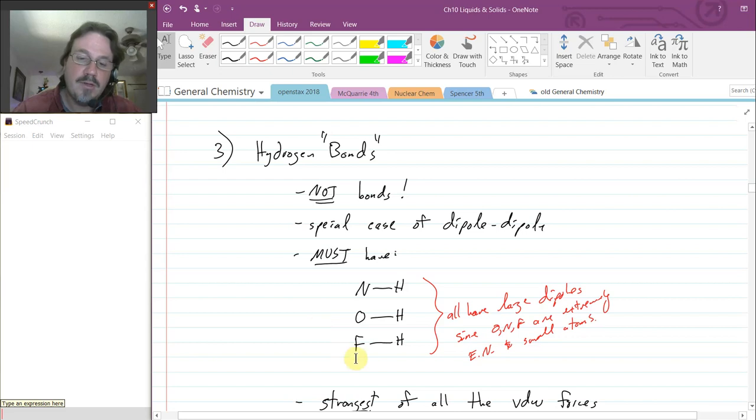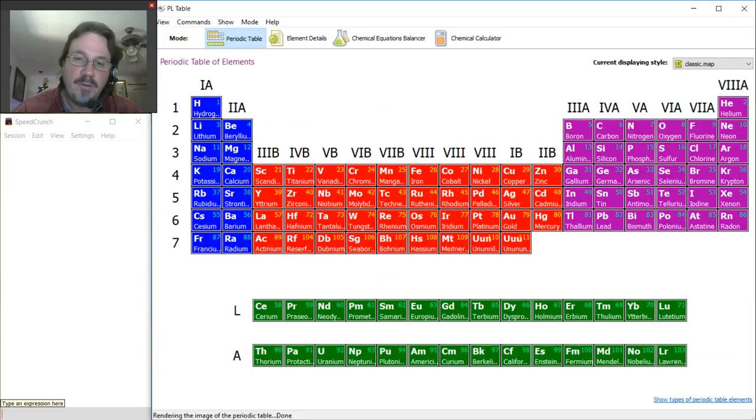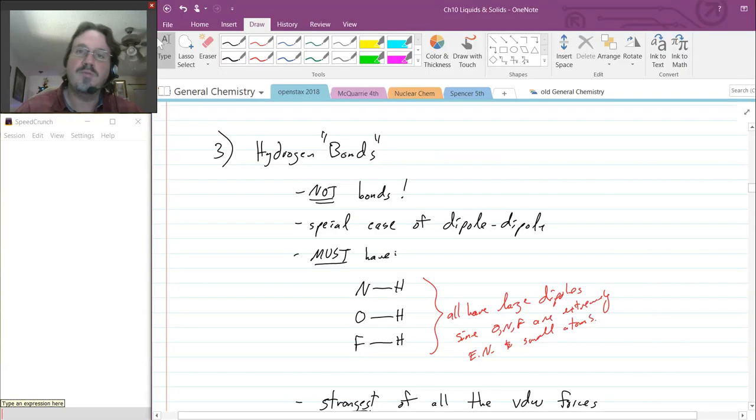Right? Now notice N, O, and F, if you look at the periodic table, they're the three elements at the very top right corner. They're like the strongest electronegative atoms and the smallest, highest electronegativity atoms out there. And because of their small size and their high electronegativity, the dipoles that they form are particularly large.